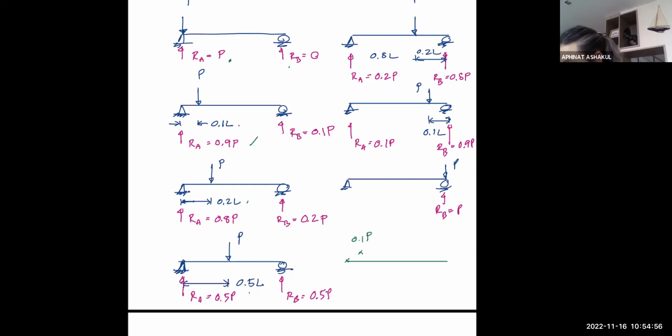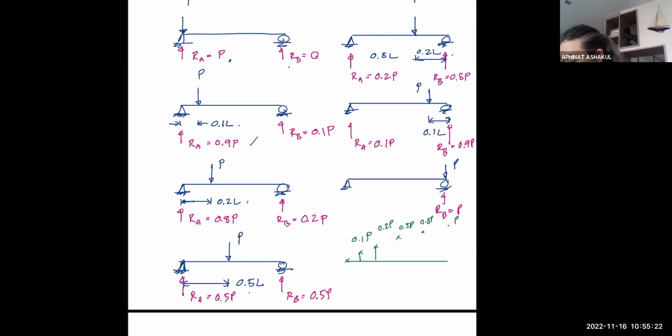And let's connect. Okay, at the location 0.2 L, it becomes 0.2 P, right? And at midspan it becomes 0.5 P. And when it moves towards support B itself, at this location, which is 0.8 from A, it becomes 0.8 P, and until it reaches P at the end, okay?